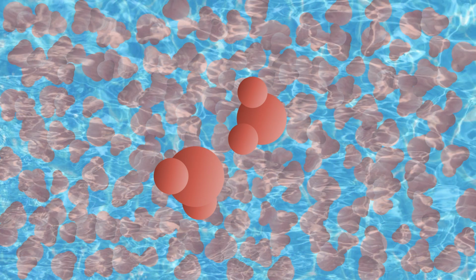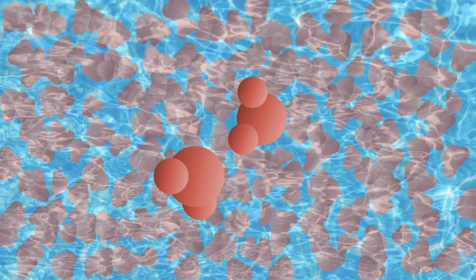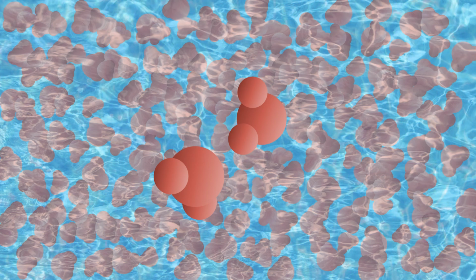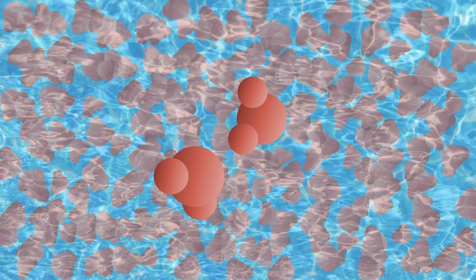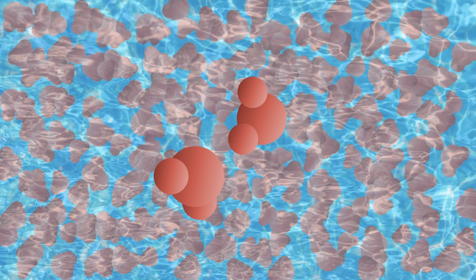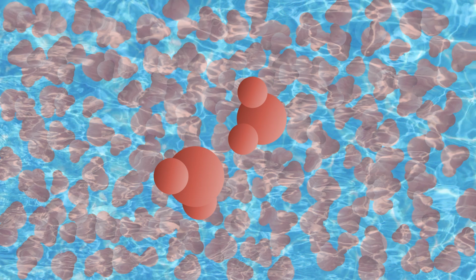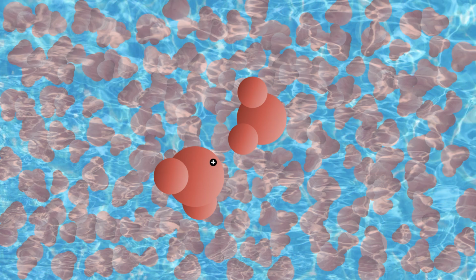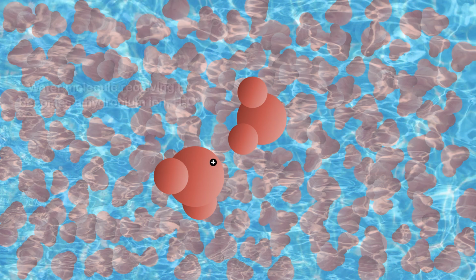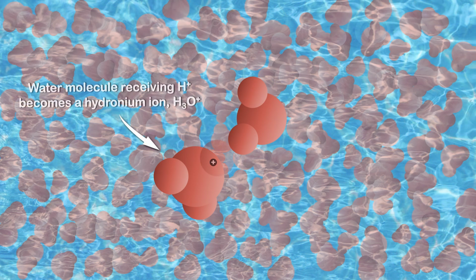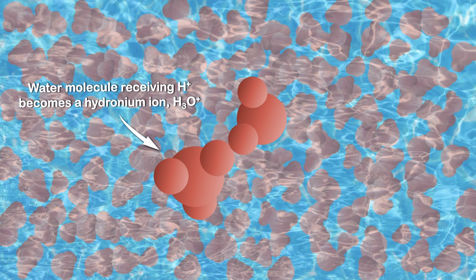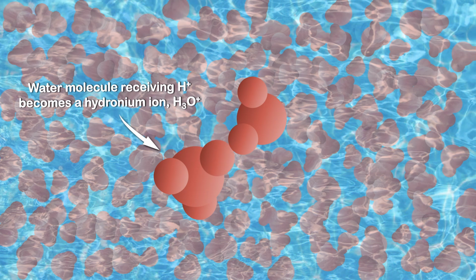In a collision strong enough to dissociate one water into ions, the hydrogen ion, H+, with no repulsive force, transfers immediately from one water molecule into the negative electron cloud of the other, changing the hydrogen ion receiver into H3O+, a hydronium ion.